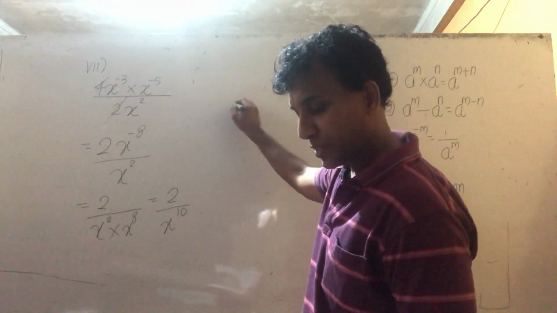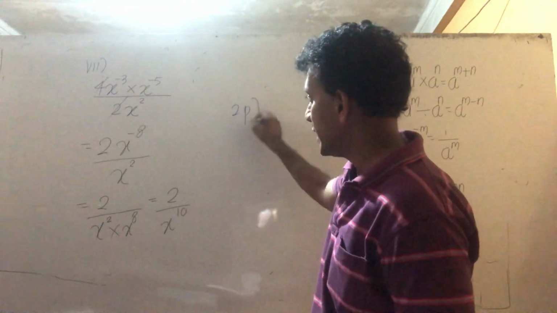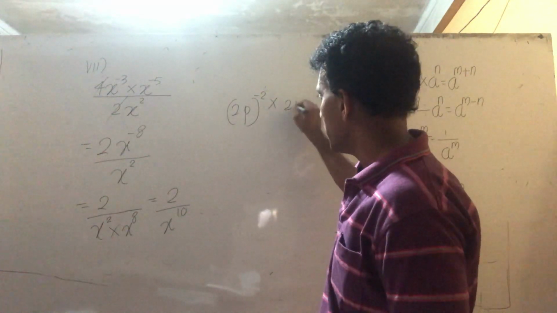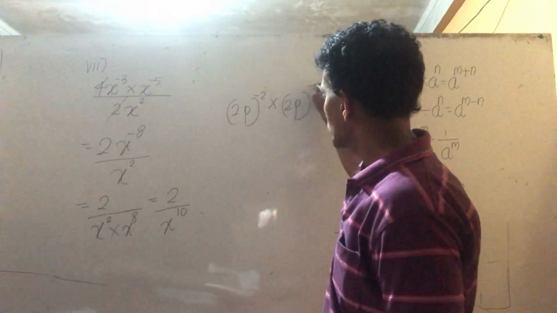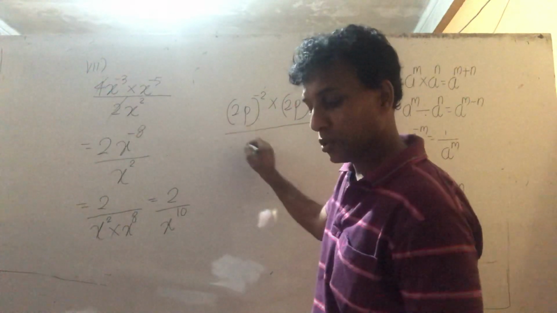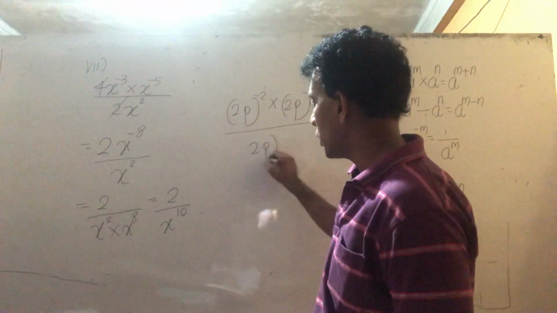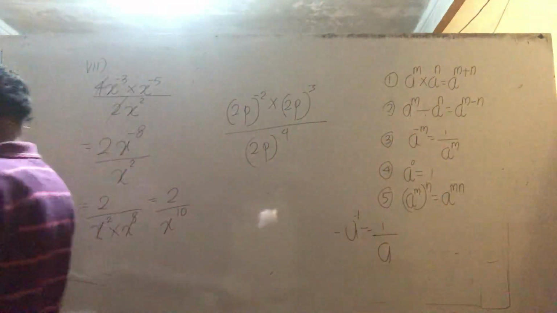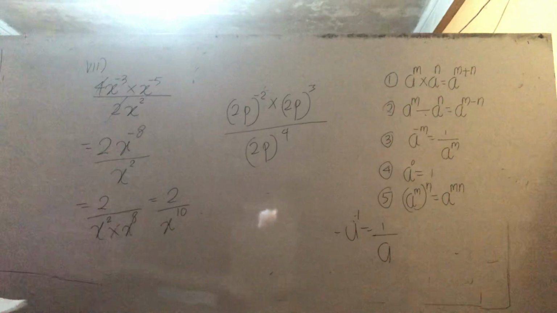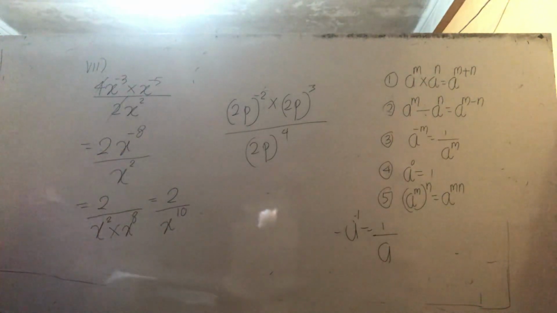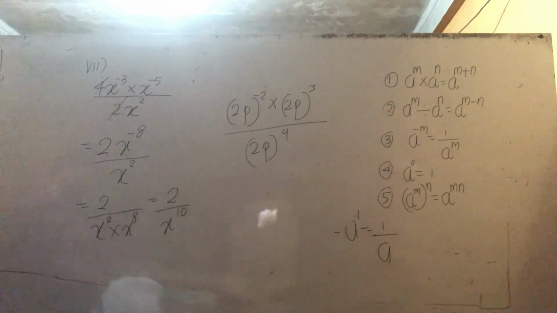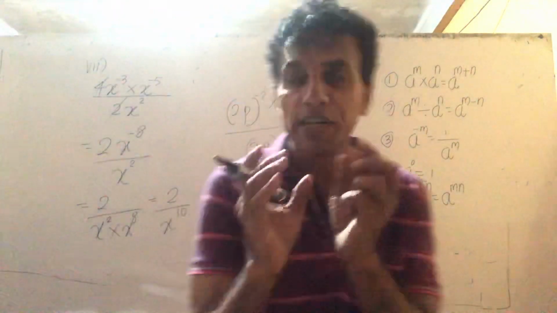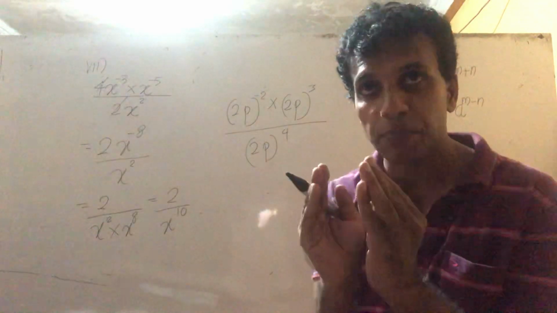Next, the last one: 2p completely power minus 2, multiply 2p power 3, over 2p to the power 4. So simplify, look at how many 2p bases there are, 2p as a base.